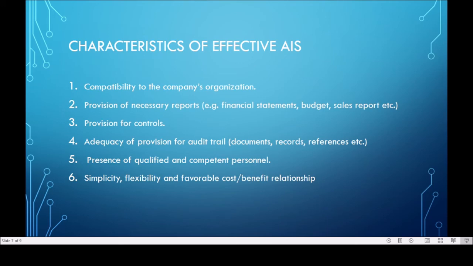So make sure that there is a favorable relationship of cost and benefit in order for us to have an effective accounting information system. Those are the characteristics of accounting information system.